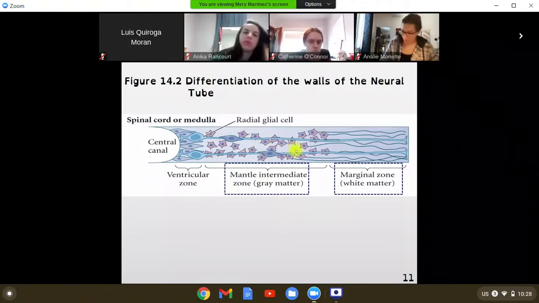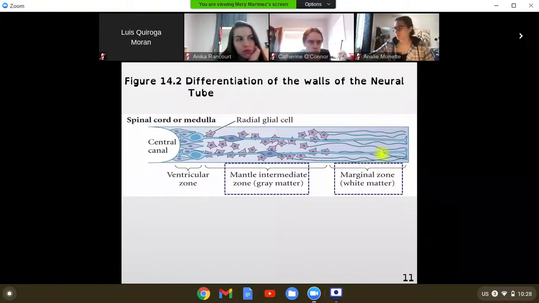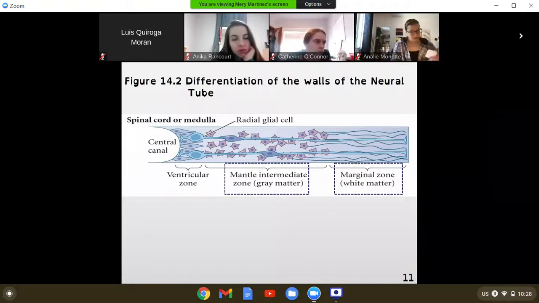As they create the synapses and send them to the outer part of this neural tube, we only get the myelinated axons, excuse me. And that's what we call the white matter, because the white is because of the myelinated axons. Okay, so eventually glial cells cover most of the axons in the marginal zone with the myelin sheaths and produce the white appearance that gives us this white matter.